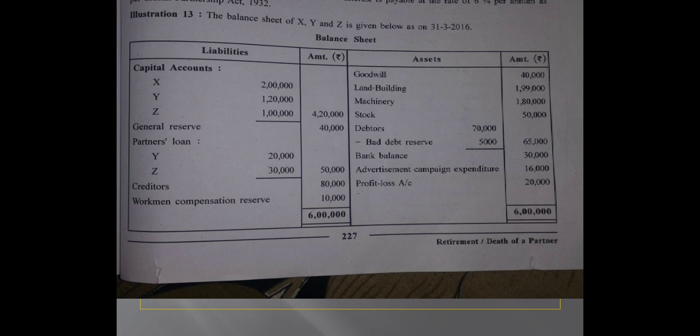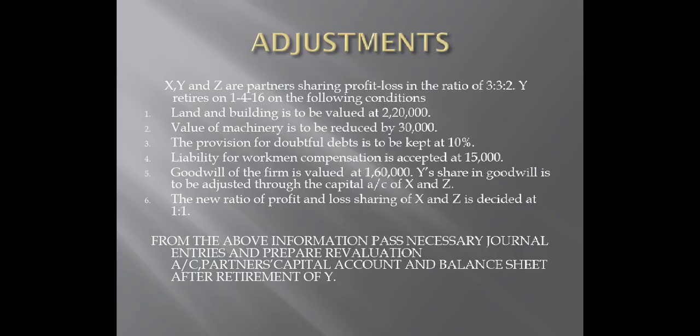So this is the balance sheet. As I said, your question will contain a balance sheet and adjustments thereafter, and below that it will be clearly written what you are supposed to prepare. So let us check. You have adjustments now.